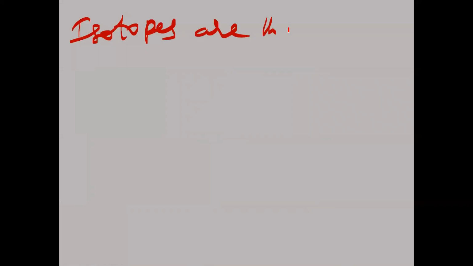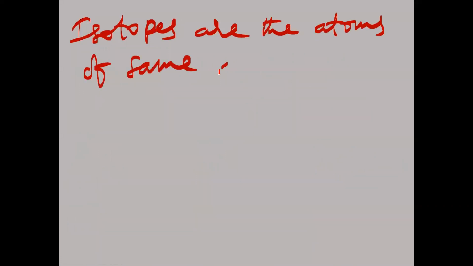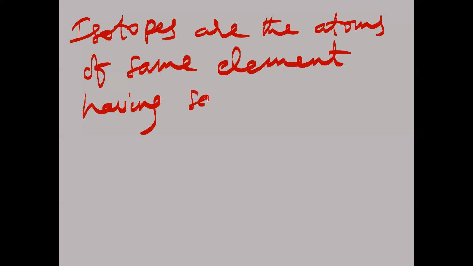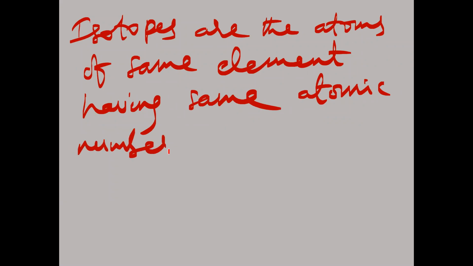Now, tell me the isotope definition. Isotopes are the atoms of the same element having the same atomic number, atomic number is represented by Z, right?